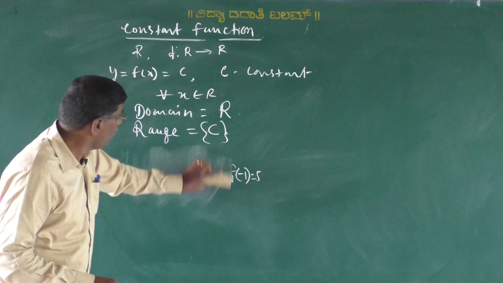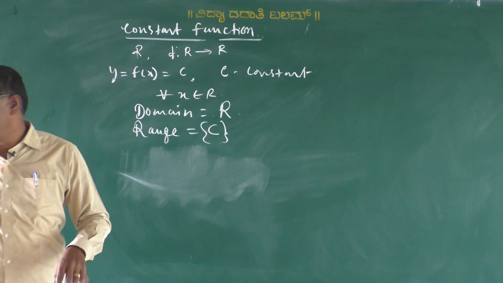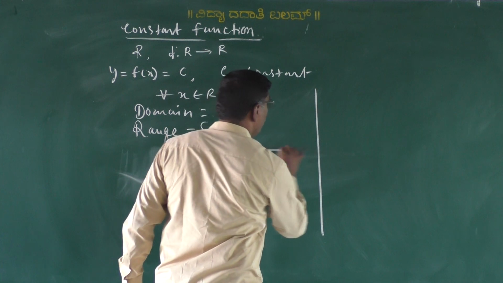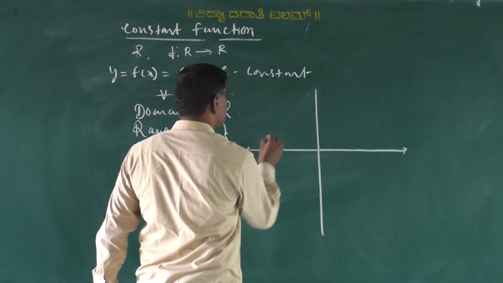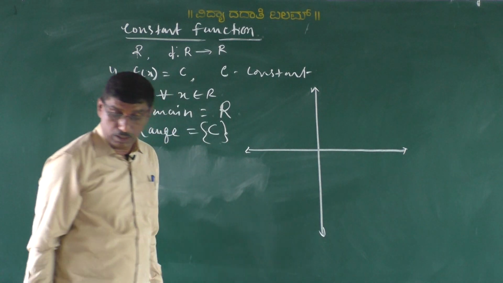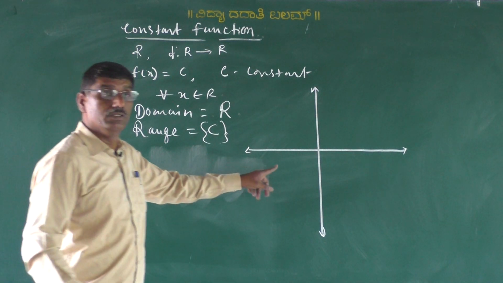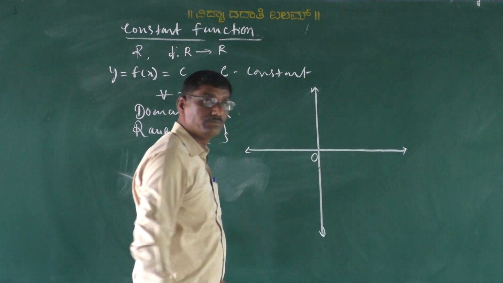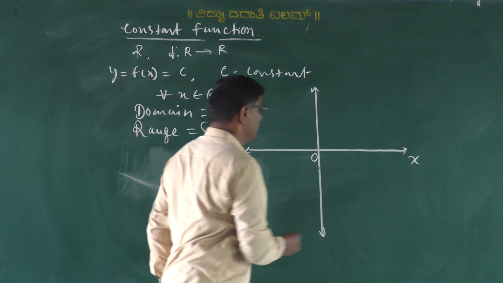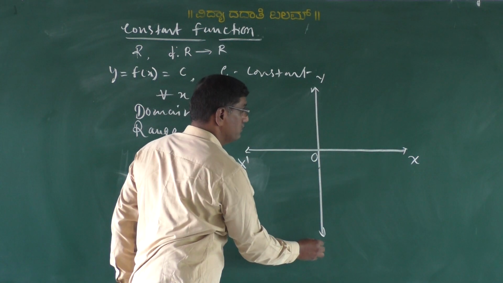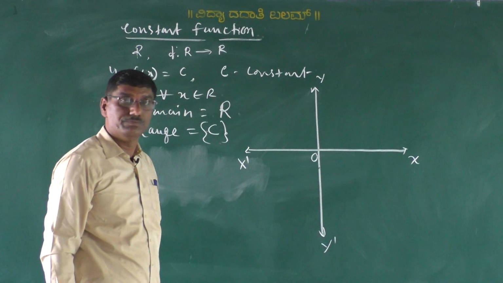Now the graph of a constant function. This is the origin, this is the x-axis, x dash axis, and the y-axis, y dash axis.